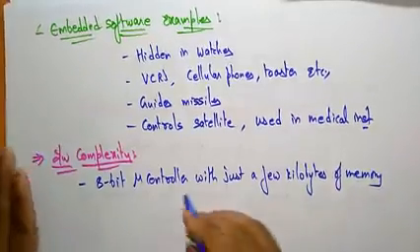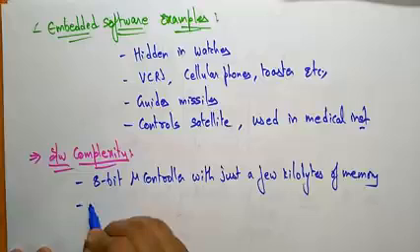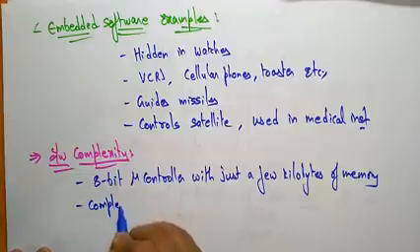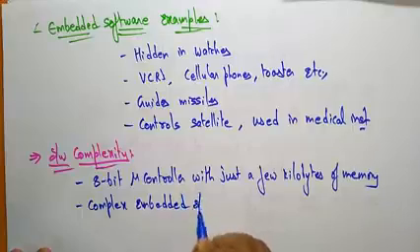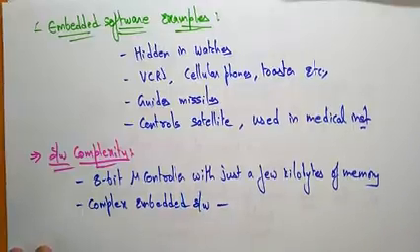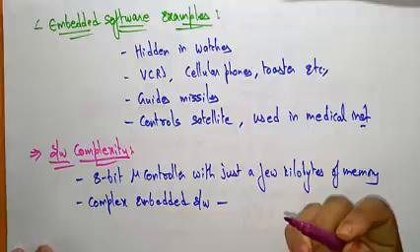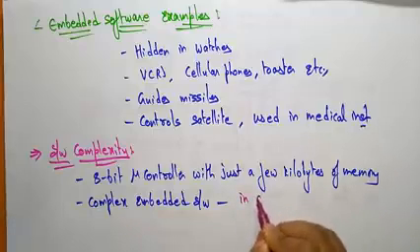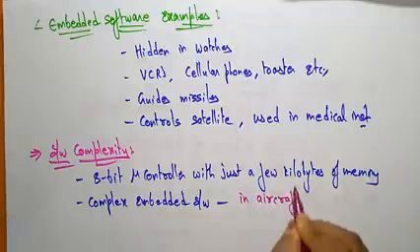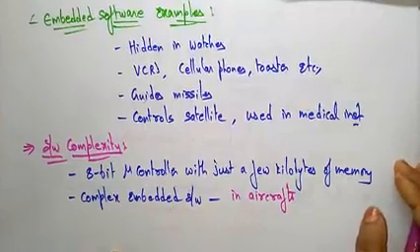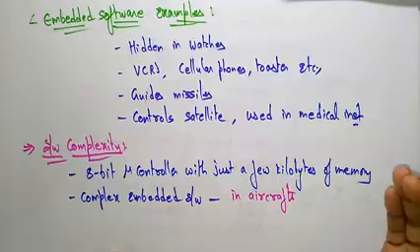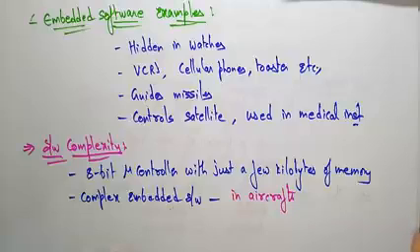And if you take complex embedded software, in which areas will we use it? In aircraft, if you want to design embedded systems like avionics systems, you need embedded software, but it is somewhat complex compared to normal embedded systems.